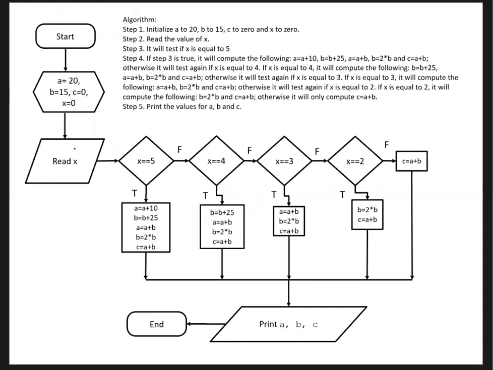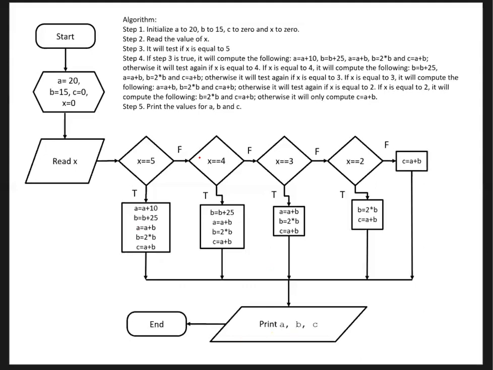And then it will ask to read the value of x, and since switch is like testing if it is equal to a certain value, you just have to test if x is equal to 5. Then if this is true, it will perform the following equations. And then it will proceed to the printing of the values of a, b, and c.